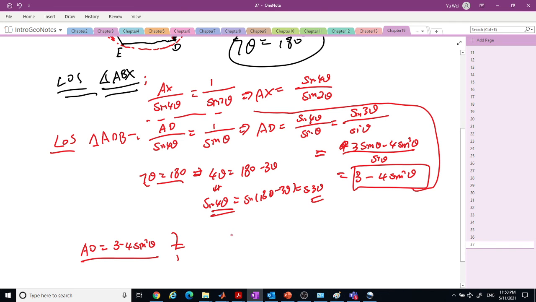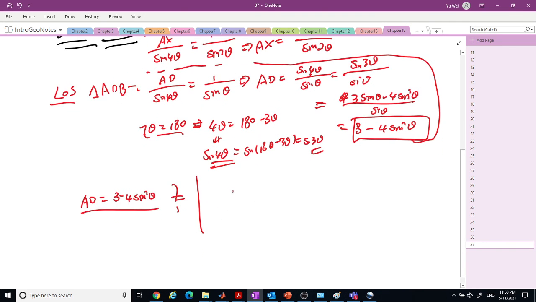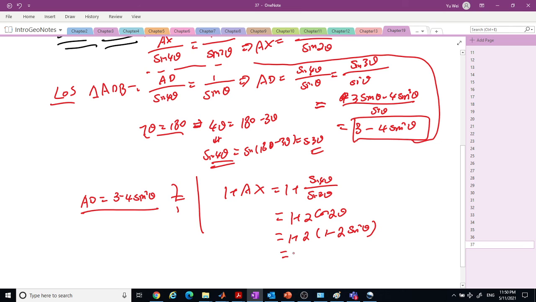Okay, now let's track the other side. Okay, it's 1 plus AX is equal to 1 plus the sine 4 theta over sine 2 theta is equal to 1 plus 2 cosine 2 theta is 1 plus 2 times 1 minus 2 sine square theta is equal to 3 minus 4 sine square theta.